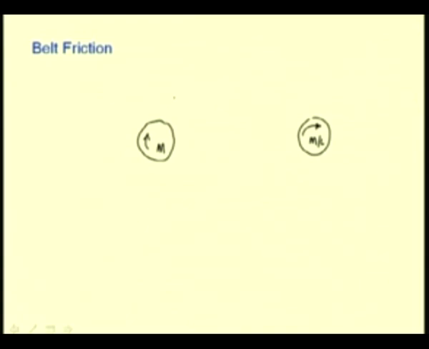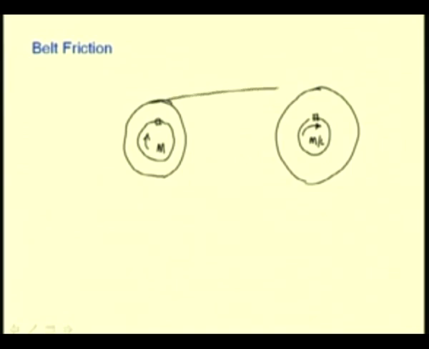So, this can be done in many ways. One of the ways is to employ a pulley which is keyed to the shaft and a belt that runs over these pulleys to transmit the torque.